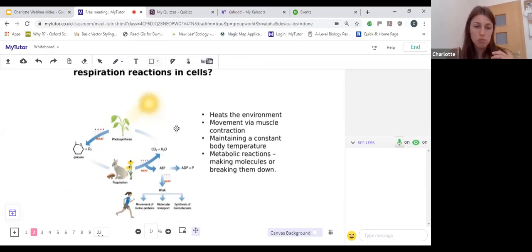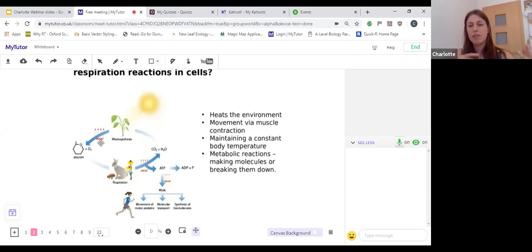You can see in this diagram, respiration is when glucose and oxygen are converted to carbon dioxide and water in animals and plants. They've included this other part of the diagram at the top, where glucose and oxygen are the product of photosynthesis in plants. So you can see how in plants, photosynthesis and respiration are the same in reverse.